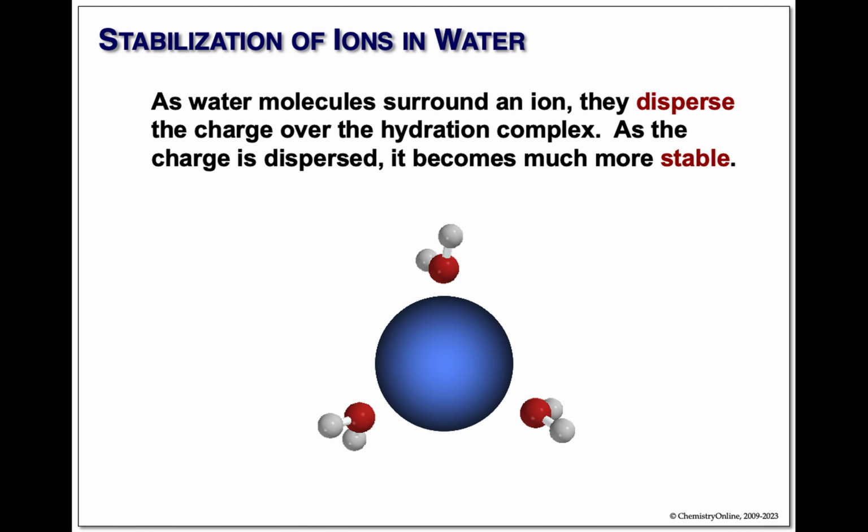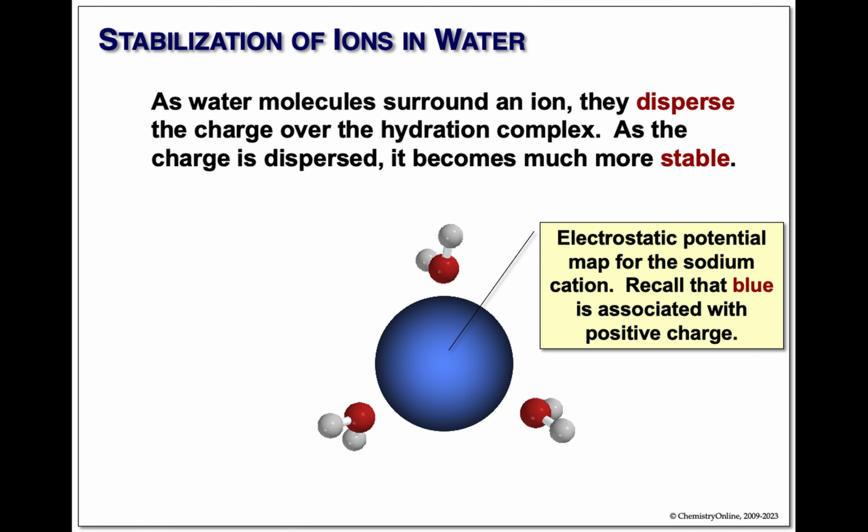Again, we can explore that with an electrostatic potential map. What you do is you tell your computer to take a sodium cation. Now it's positive, so it's bright blue. And we're going to put 3 waters around it with the negative ends pointing in.